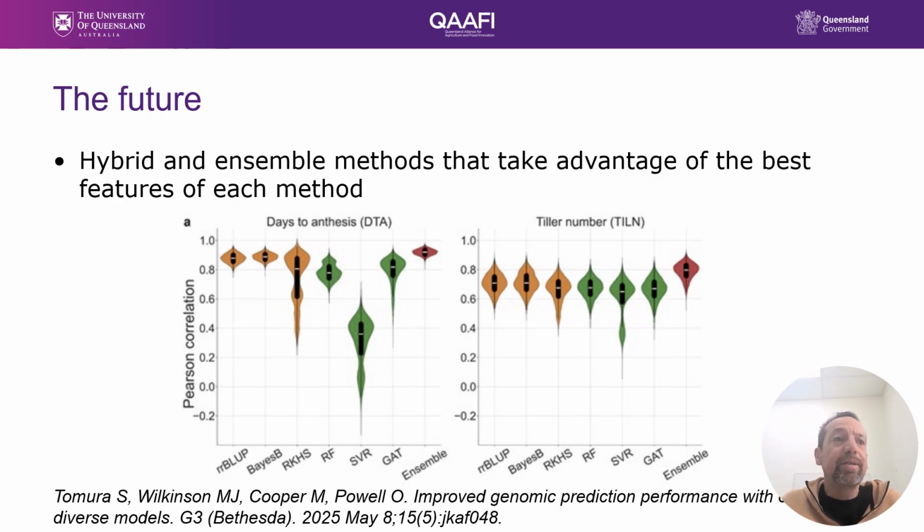So this paper by Tamura looks at a couple of traits and looks at the accuracy of predictions from the different methods, and then finally a method that combines the information from all the methods, the ensemble method. And you can see this ensemble method does a little bit better than all the other methods.